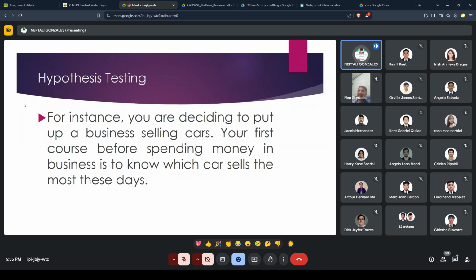So statistics is one way of knowing whether your business of selling cars, just in this case, will become a boom or not.